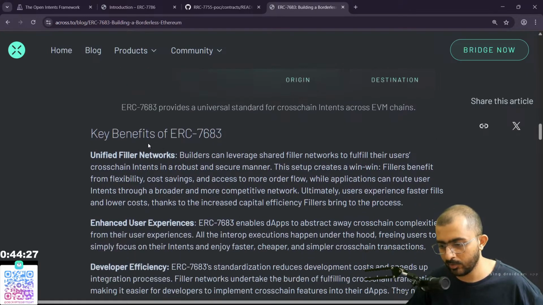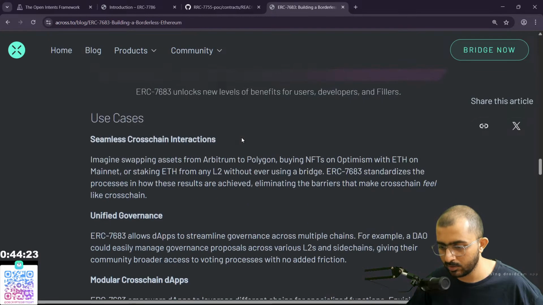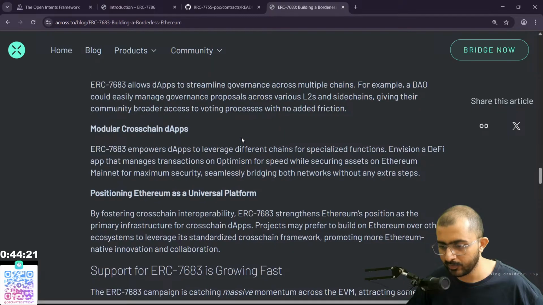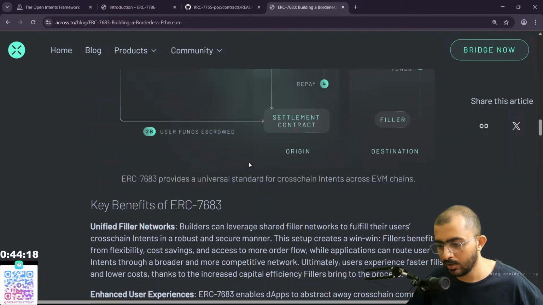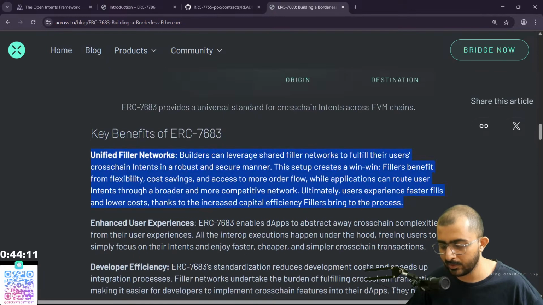Okay, key benefits of, maybe this. Okay, then it doesn't actually explain it. We have key benefits. Okay, let's read it. Unified filler networks: builders can leverage shared filler networks to fulfill their users' cross-chain intents in a robust and secure manner. The setup creates a win-win.